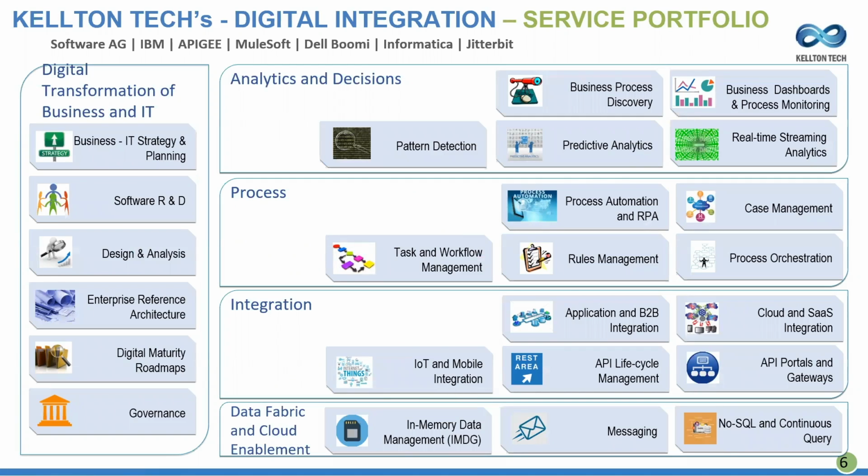Before we go ahead on discussing Mule, I would like to introduce you to Kellton Tech's digital integration services portfolio. The digital transformation is a journey to reach the ideal state of a digital enterprise. Kellton Tech's strategy and architecture services can help you define your digital goals and objectives and develop a strong digital strategy roadmap and architecture. The digital noise needs to be matched with enterprise IP to deliver monetizable insight for the business.